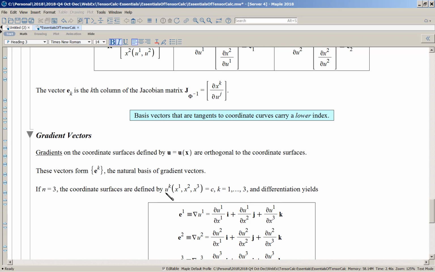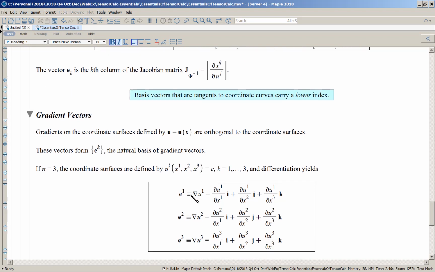And so you have a function of 3 variables. Think of this as x, y, z. So you have a function of x, y, z. So you think in terms of spherical coordinates, rho of x, y, z, phi of x, y, z, theta of x, y, z, and you take gradients. Well, if you take the gradient of that first function, it will look like this.